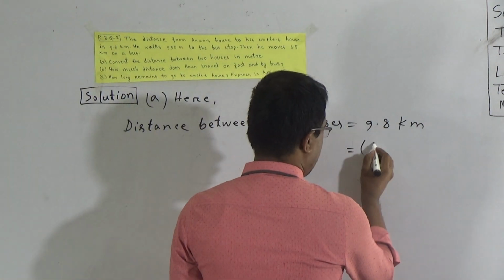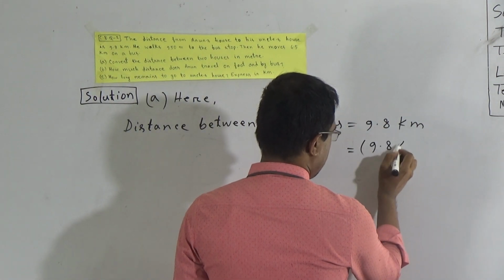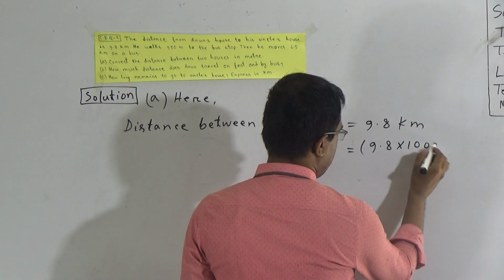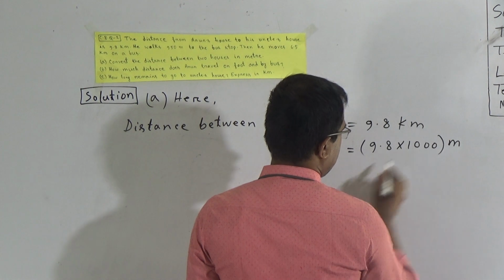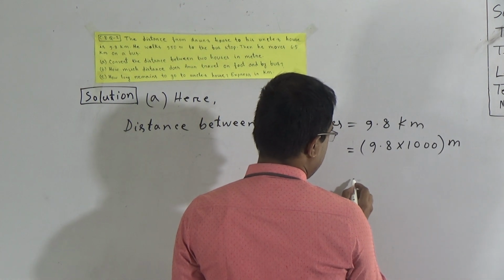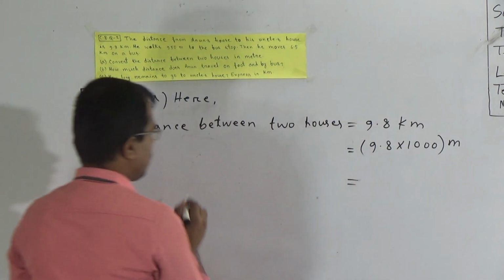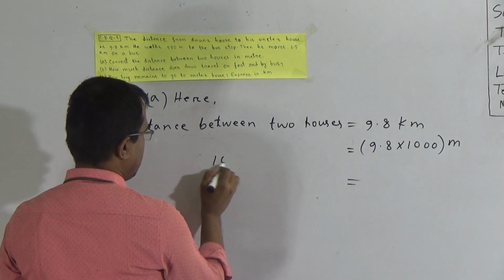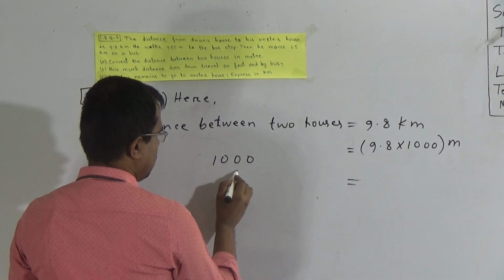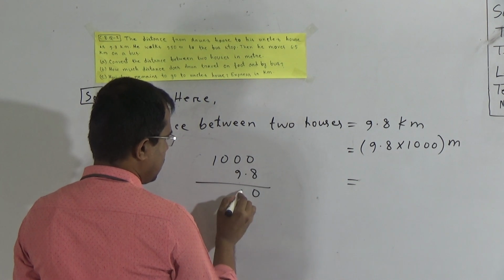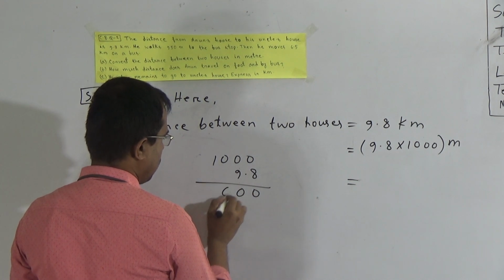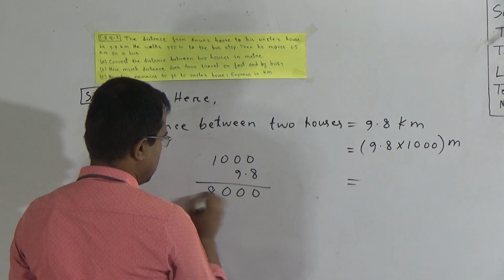So 9.8 multiplication 1000, and now we have to write its meter. Now we have to multiply 1000 by 9.8. At first 8 zeros are 0, again 8 zeros are 0, again 8 zeros are 0, and 8 ones are 8.